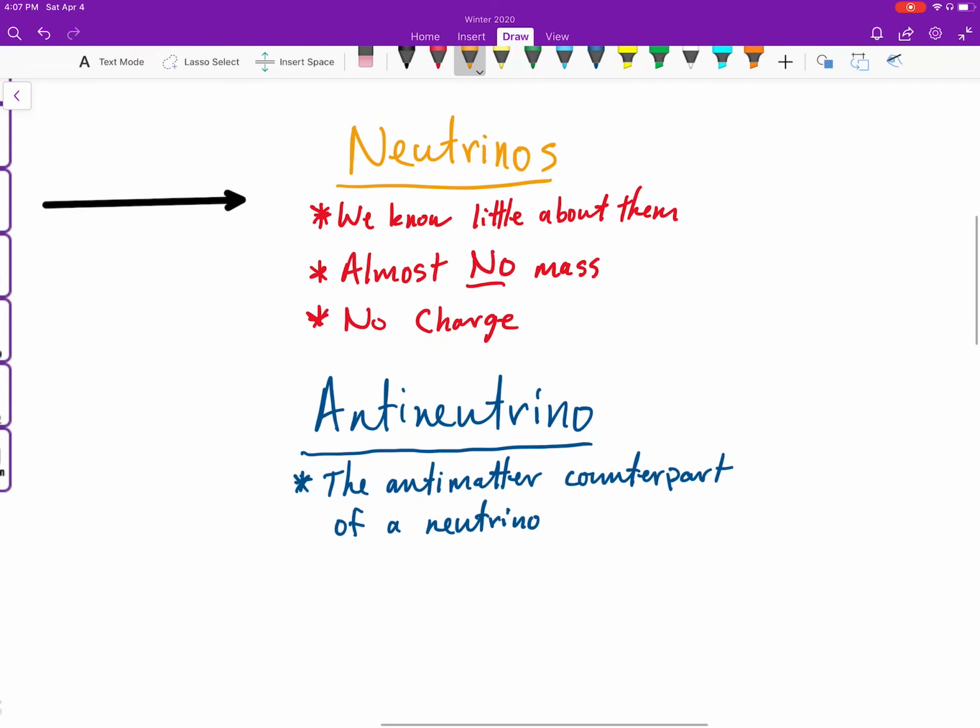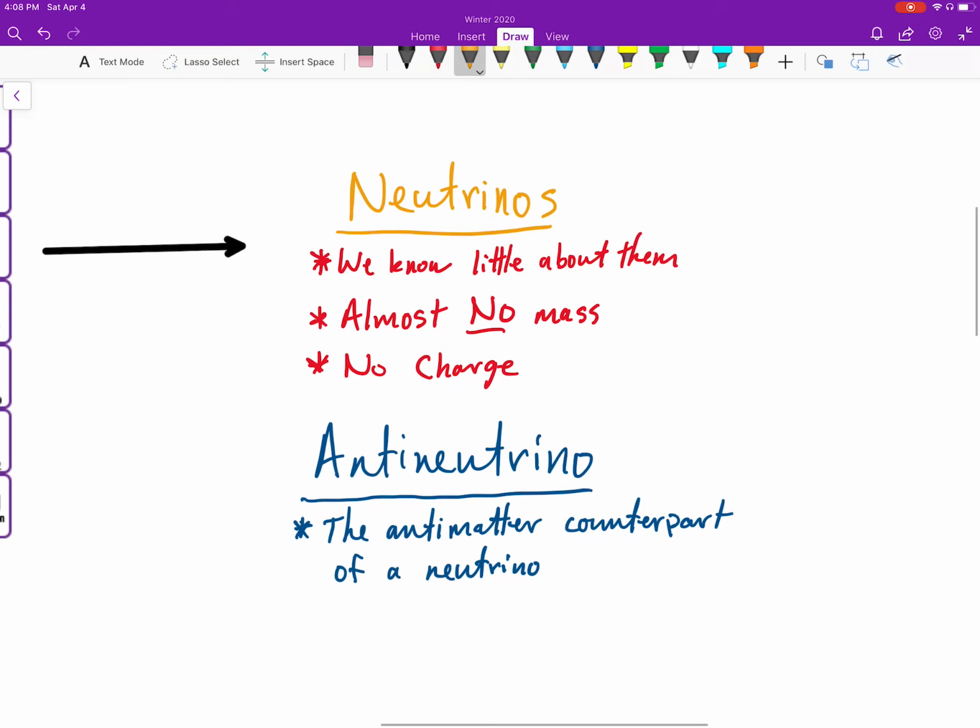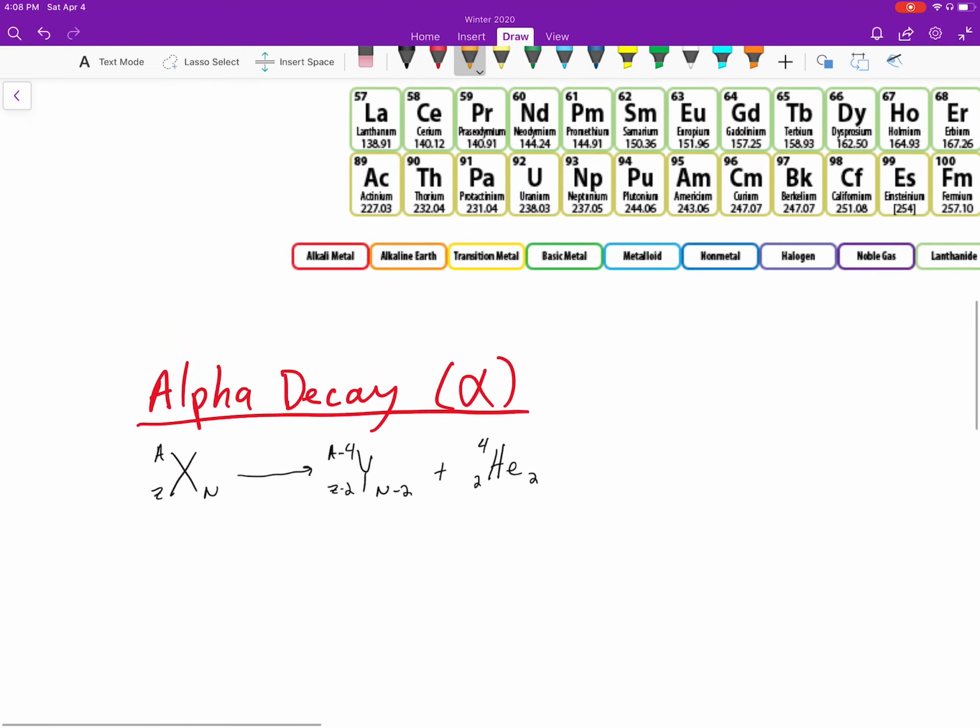And an antineutrino is the antimatter counterpart of a neutrino. Every particle has a counterpart of antimatter. These are both particles that are emitted during nuclear or radioactive decay, and we'll see in the equations I'm about to go over that those particles are, in fact, emitted. So let's start with alpha decay.